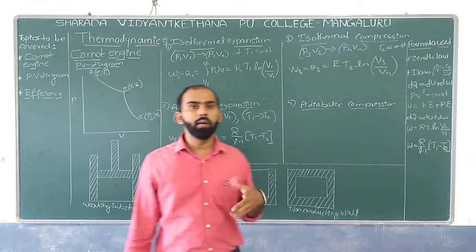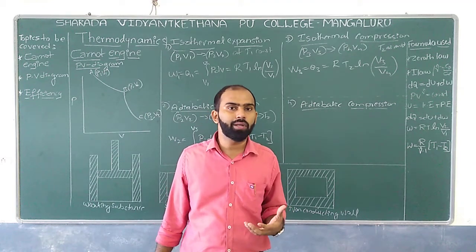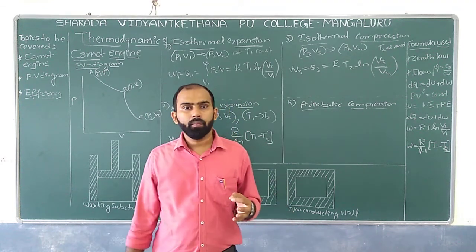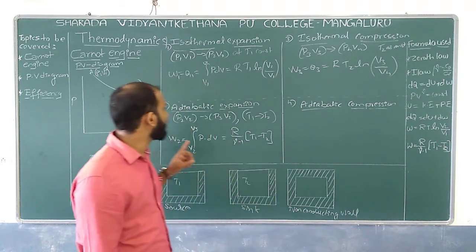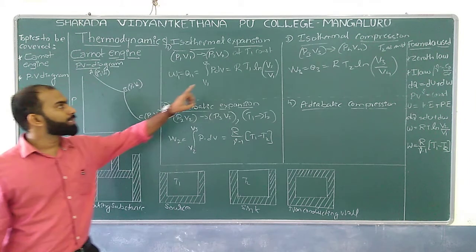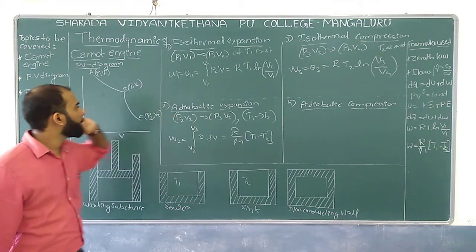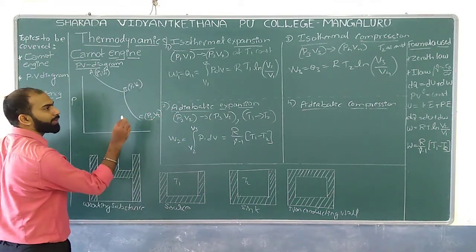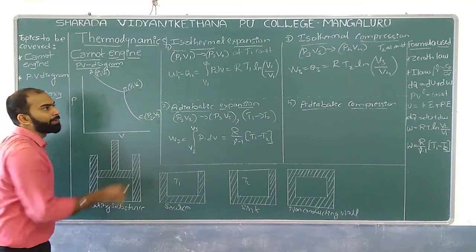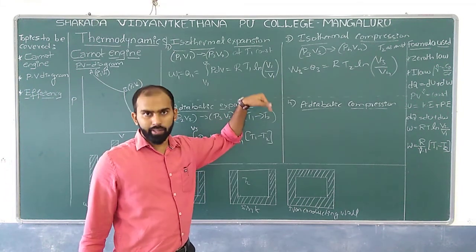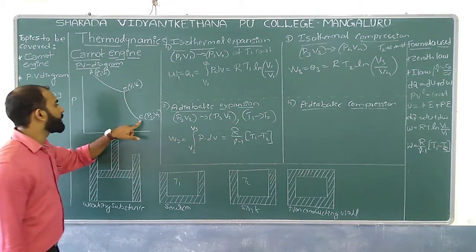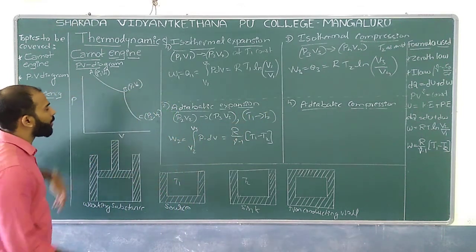Now, especially in an adiabatic process, there would be a chance of increase or decrease in temperature. But before that, we are supposed to plot a graph which is based on isothermal compression. So what would be the graph we can expect? Obviously here pressure increases, volume decreases.